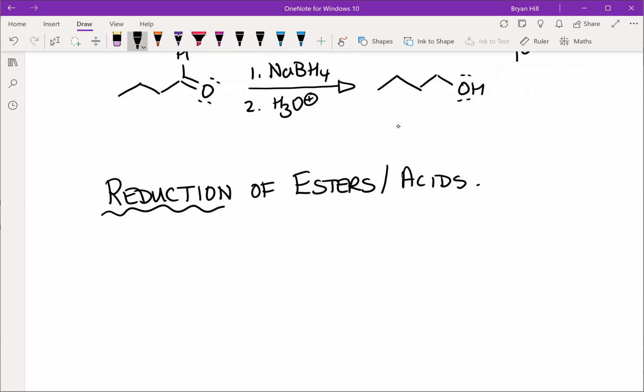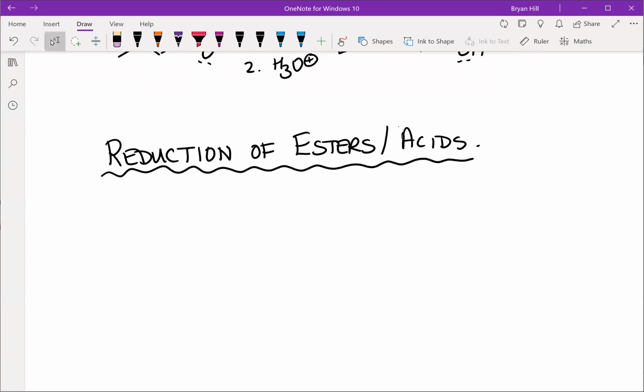Okay, so to reduce an ester or carboxylic acid, you need to use lithium aluminum hydride. Sodium borohydride isn't strong enough. There's the odd ester that sodium borohydride will reduce, but typically it does a very bad job of it.